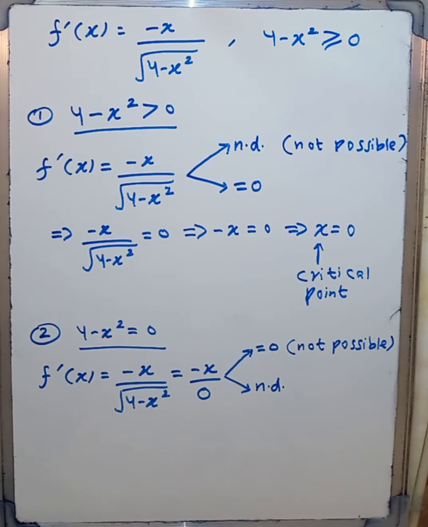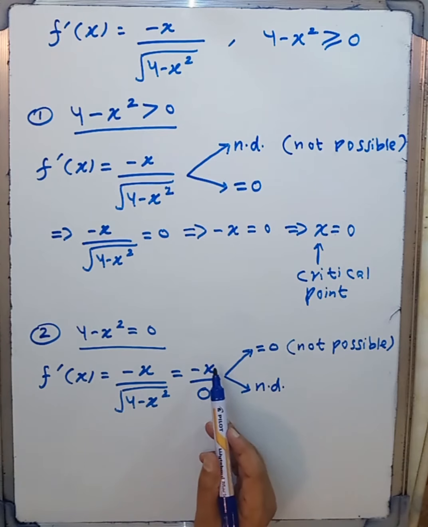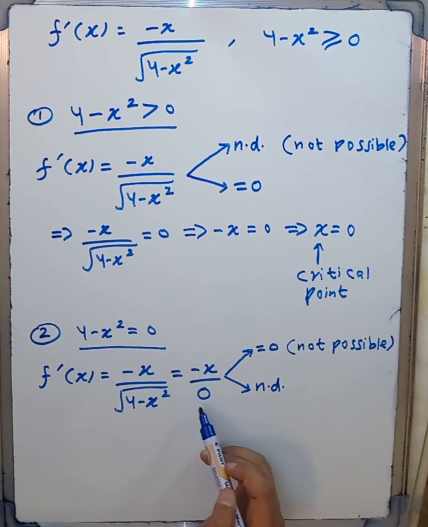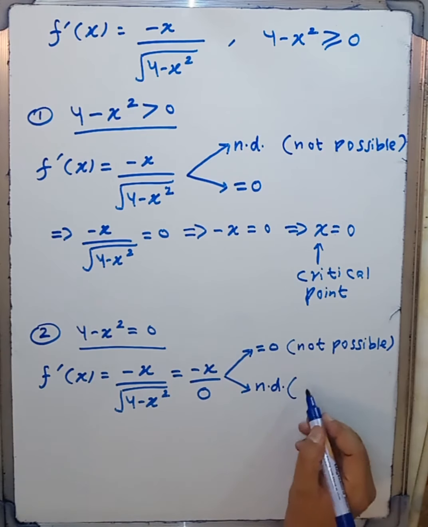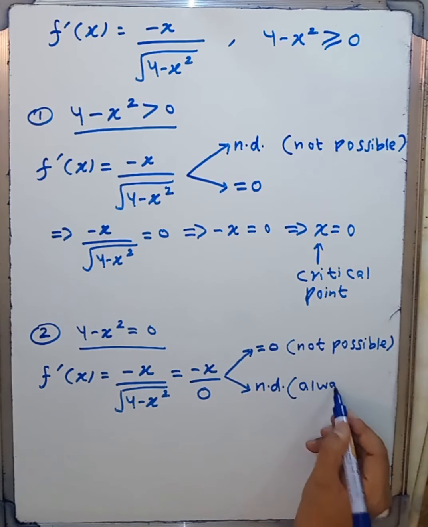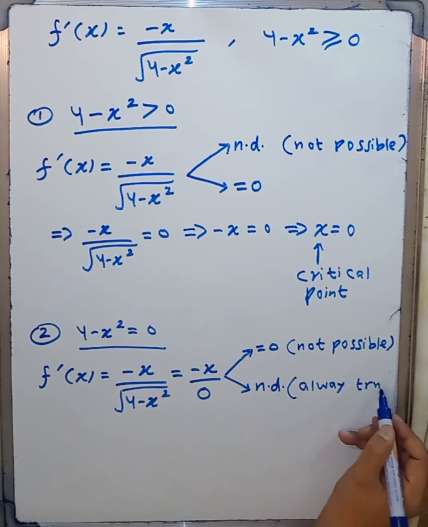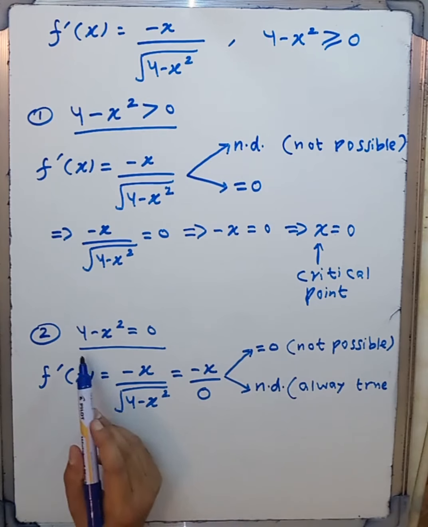Whereas the second case, that f prime should be not defined, this expression is always not defined because here we have a division by 0, and we know that division by 0 is not defined. Therefore, this case is always true in this condition.